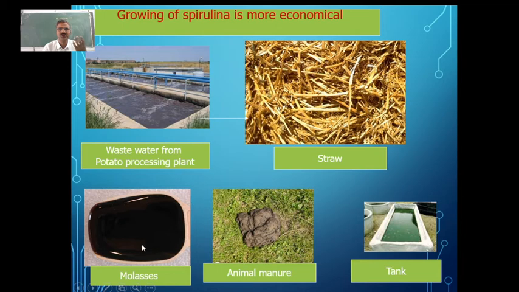You can even use molasses from the sugar industries and animal manure, even human fecal matter can also be used here, and even they can use the sewage water, whatever the waste which is having organic matter can be used to grow spirulina.